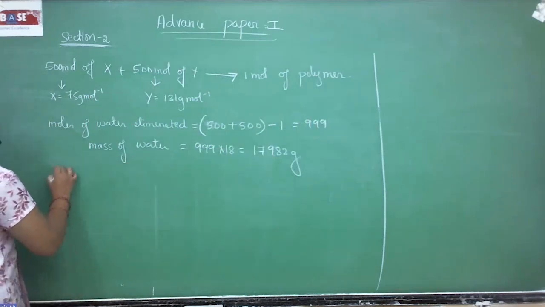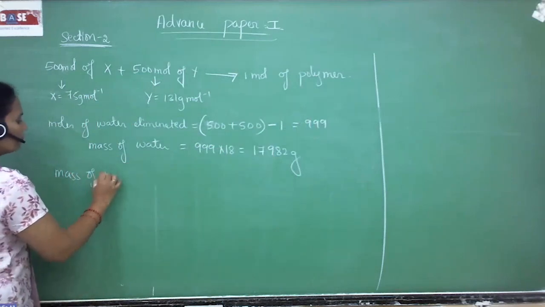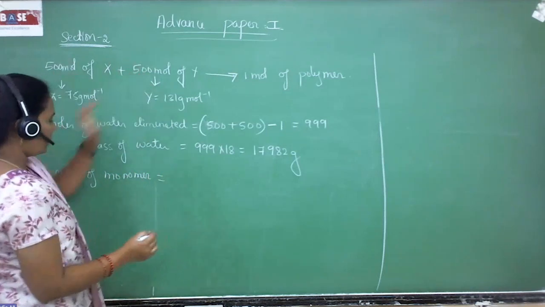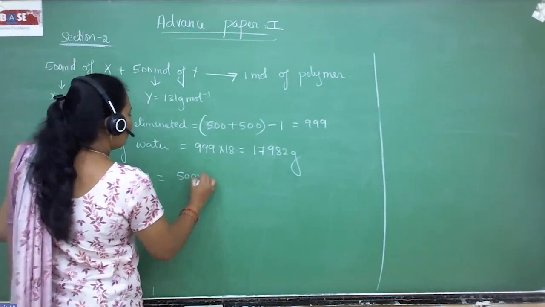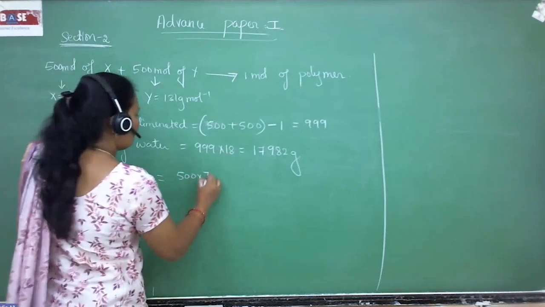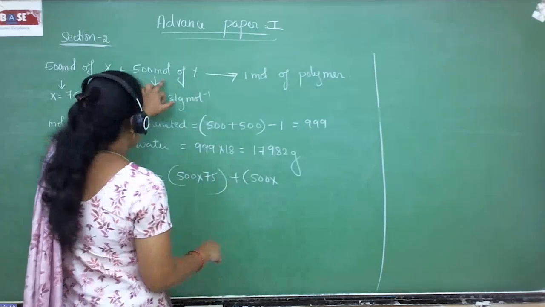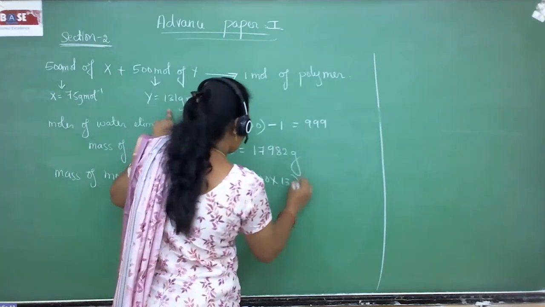Now, let us find out what is the mass of monomers. There are two things here. One is 500 into molar mass of X, 75, plus 500 into molar mass of Y, which is 131.